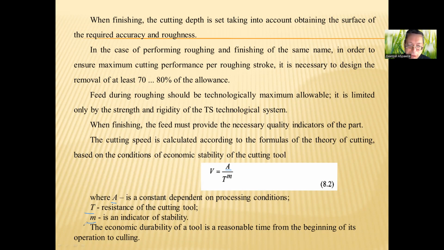The economic durability of a tool is a reasonable time from the beginning of its operation to cooling. Please write down in your notes formula number 8.2 and the parameters from this formula.